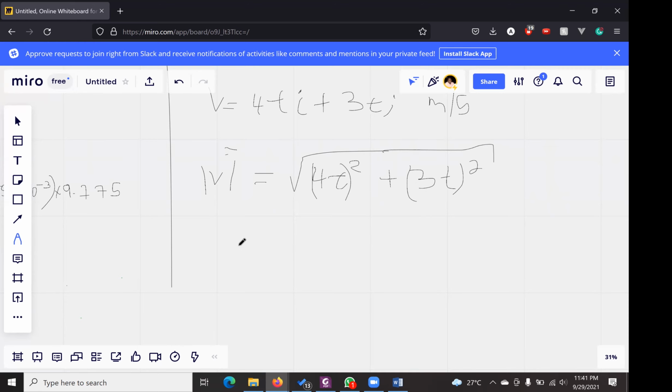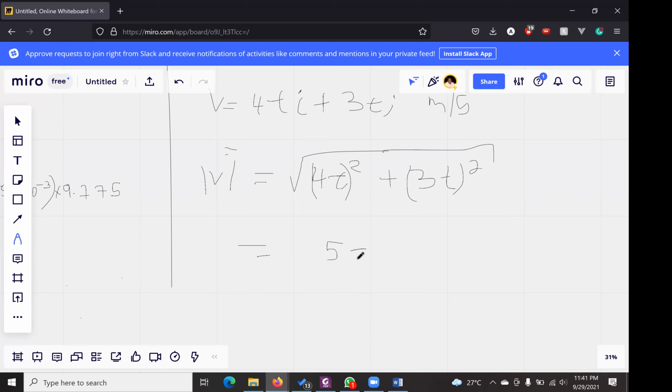You recognize the 3, 4, 5 triangle, right? Anybody know what we just said? What 3, 4, 5? Yeah, like the three sides of the triangle. So this is going to be 5t.